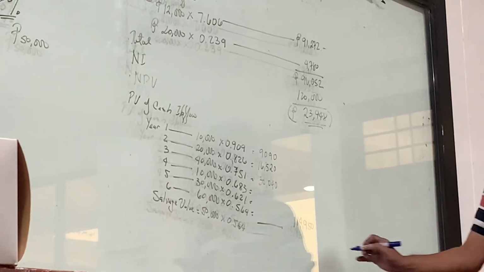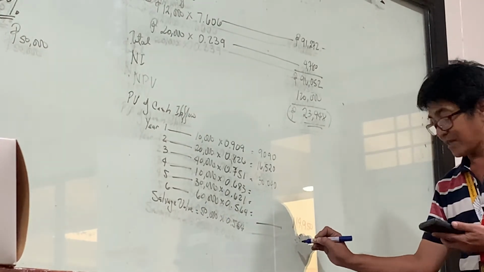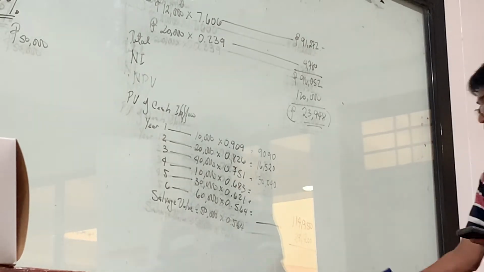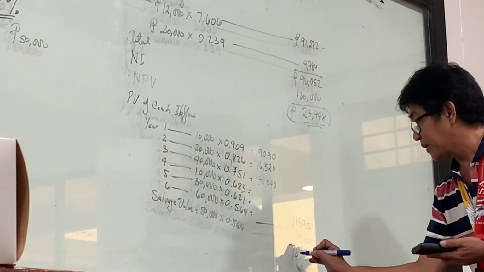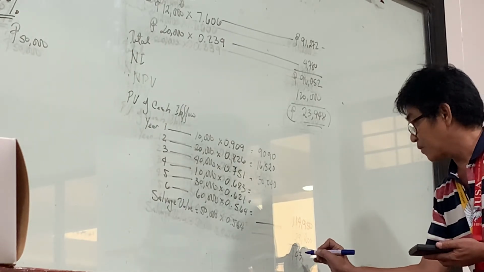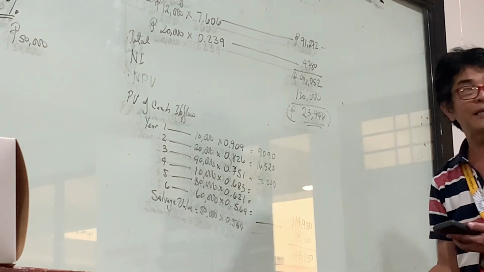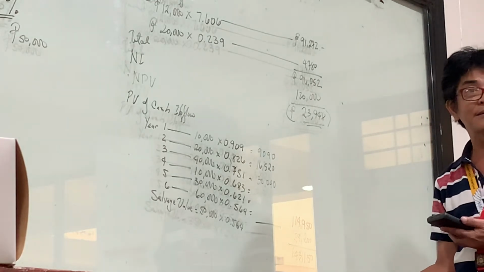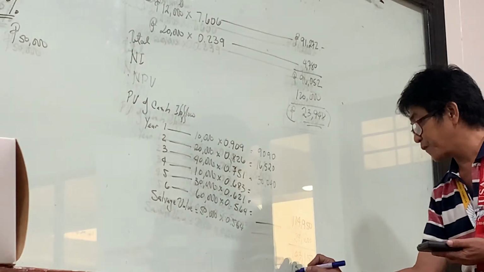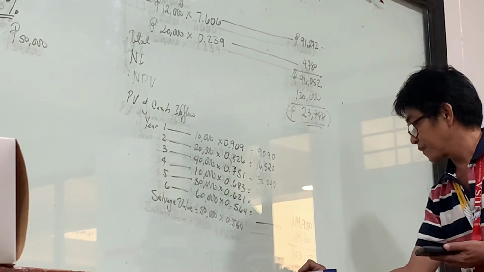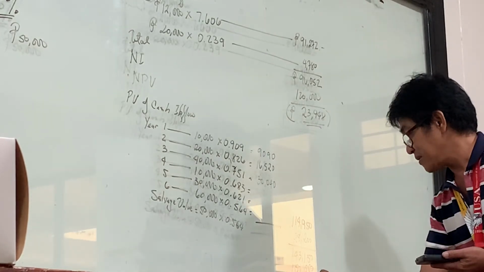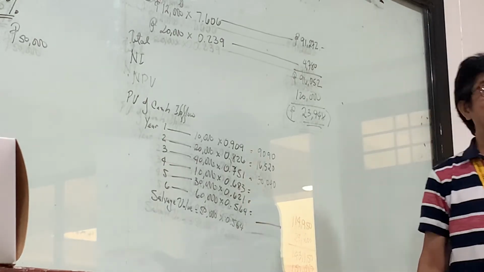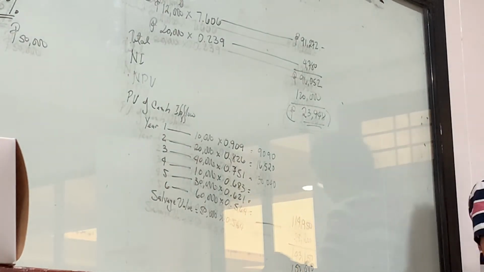That will give you 28,200. So total cash inflow will give you 143,150 less 150,000. 6,850 is your net present value.